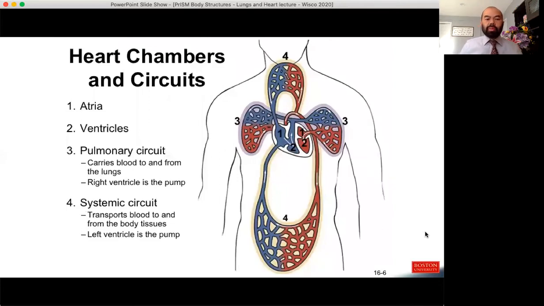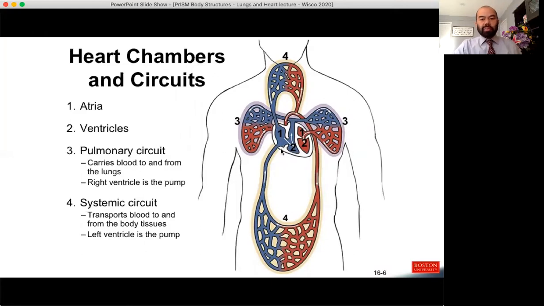Okay, so let's talk about blood flow. Blood enters into the right atrium. We'll talk about it in series first. The blood enters into the right atrium from the superior vena cava, the inferior vena cava, and not shown here is the coronary sinus. That is the drainage for the heart. Blood then flows from the right atrium into the right ventricle, located here at number 2, and then from the right ventricle to the lungs.